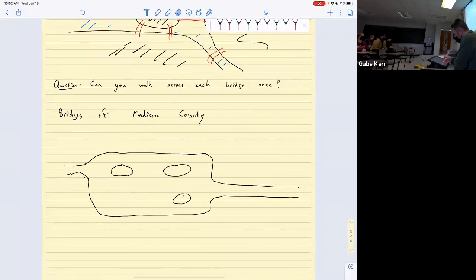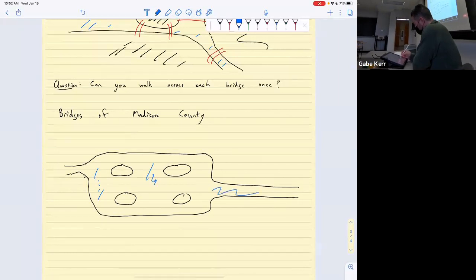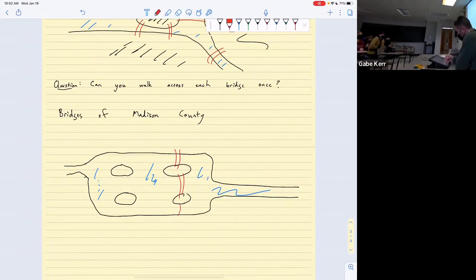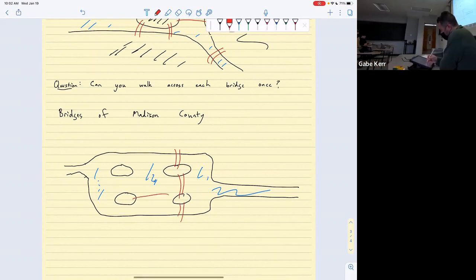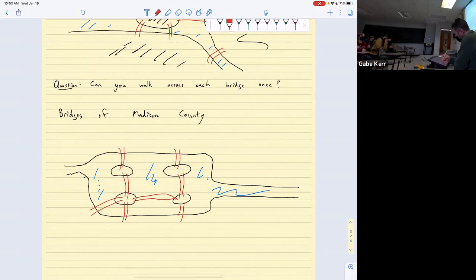A lot of bridges are really small. So here's the water. This whole thing is the bridges.